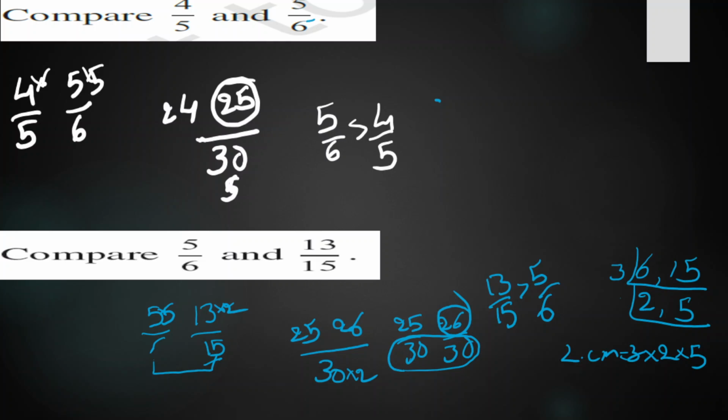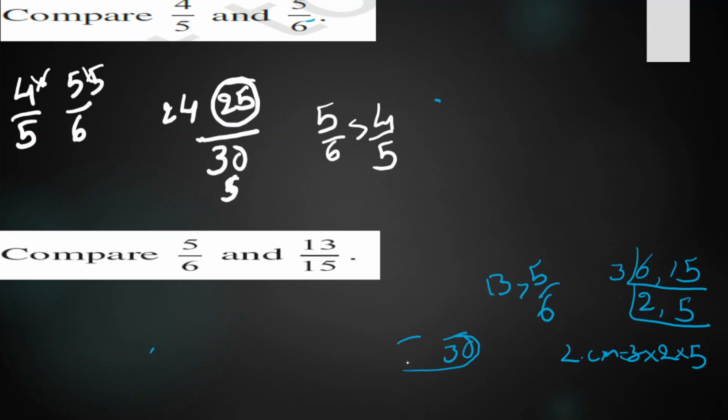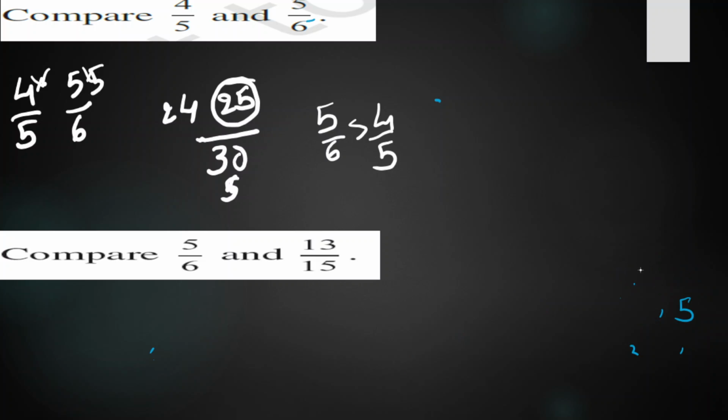And let's compare 5 by 6 and 13 by 15. Here let's take the LCM of both of them, 6 and 15. The 6 and 15 have a common factor, 3. So let's find the LCM with the factorization method.